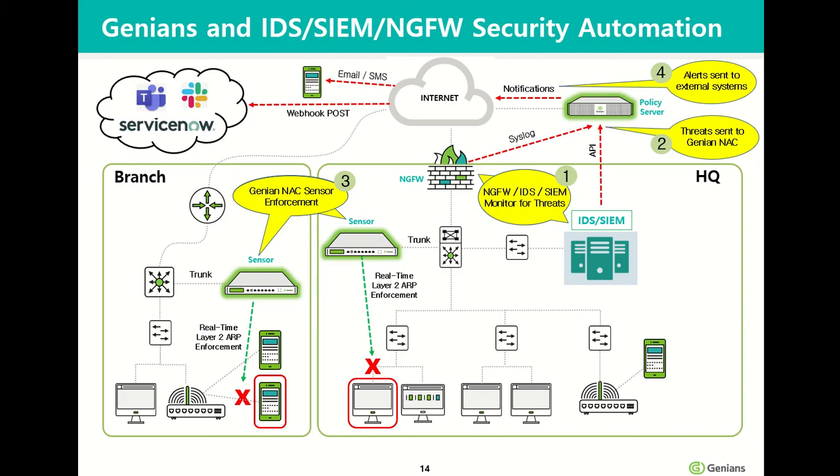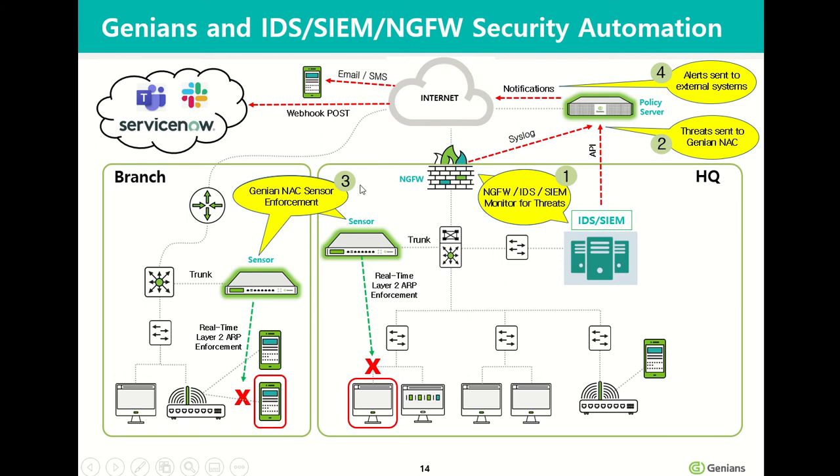What that looks like is essentially you have Genian NAC as a policy server on the network. This can be a cloud policy server or an on-prem policy server. Genian NAC can take alerts in from systems like next-gen firewalls, SIEM, etc. And then once these threats are sent to Genian NAC, different actions can be taken.